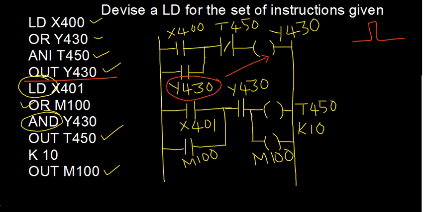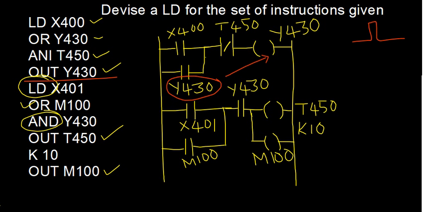That too, it is a normally closed switch. So in the first rung, it does not have any effect on the working of Y430. It will remain as a closed switch as long as it is not interrupted by your T450 somewhere else in the program. So you will have the output Y430 getting activated by a momentary closure of X400. That's what happens as far as the first rung is concerned.